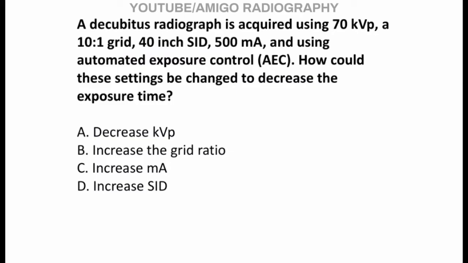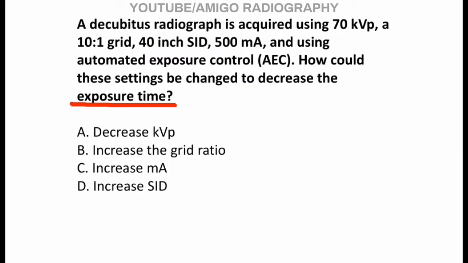When using AEC, exposure time is controlled by the machine itself. The radiographer does not set the exposure time, but that is what we are wanting to change. So AEC controls exposure time by shutting off the exposure when the chambers recognize that a complete exposure is done.